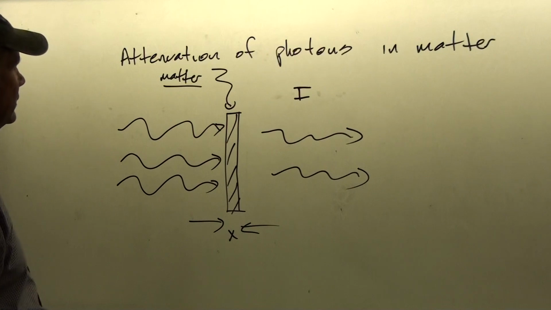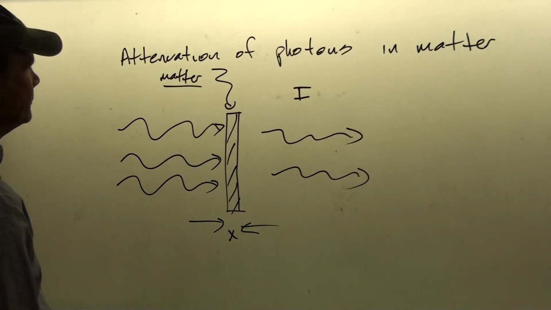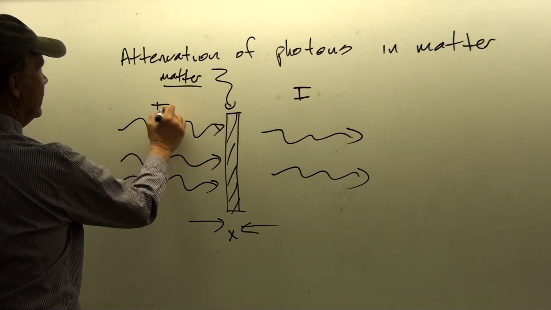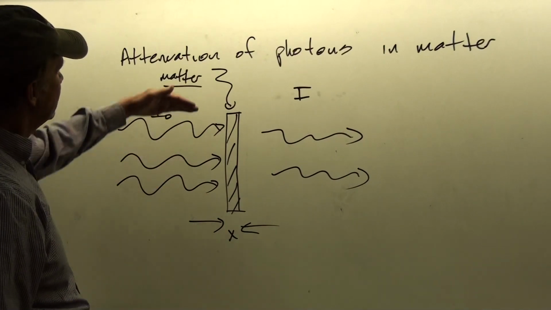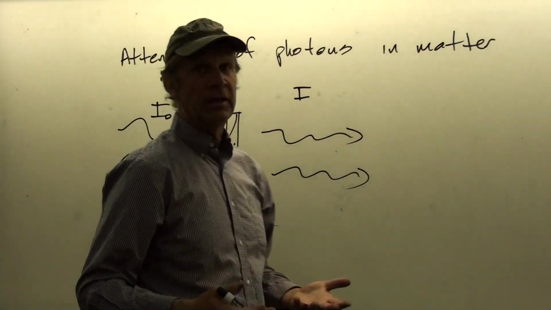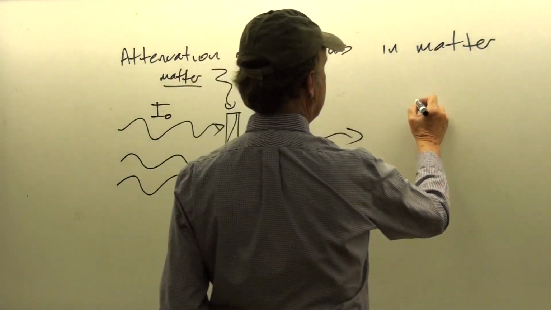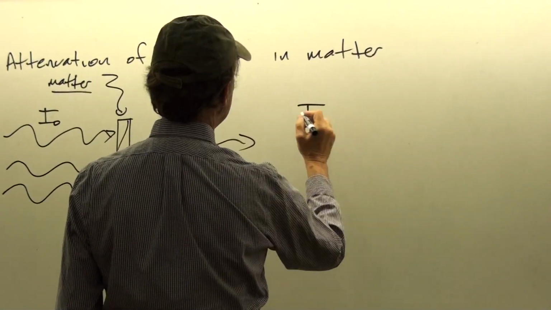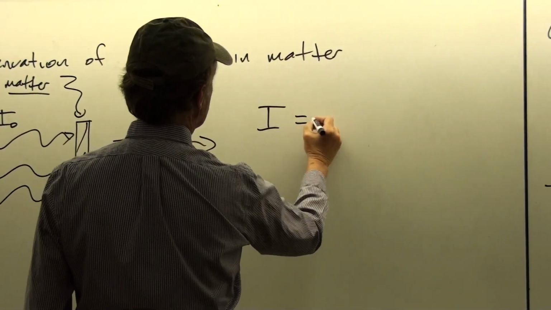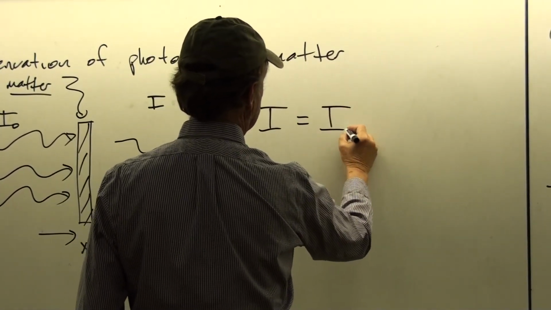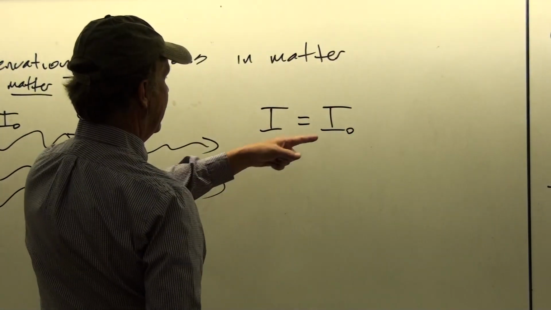That has a certain attenuation coefficient. And this would be the original intensity of the light. Now remember, intensity is in units of watts per square meter. So we could write then an equation that would have an exponential bound on it.